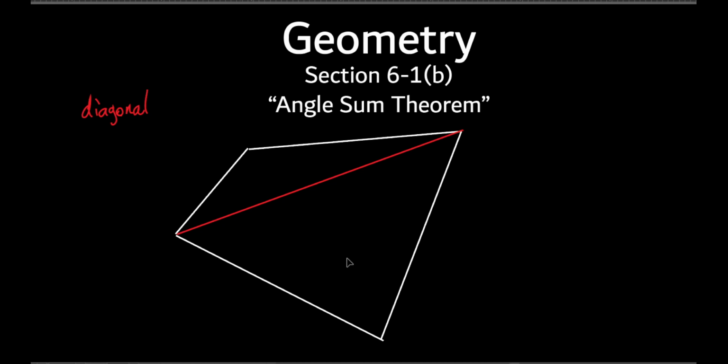So what have we made now? We started off with a four-sided figure. We've kind of divided this, haven't we? We divided it into two what kind of polygons? Two triangles. That's right. So this would be one triangle. Would you agree? And this would be a second triangle right here. All right? What we're going to do, the title of the lesson says it. We're going to find the angle sum, the sum of the angles.